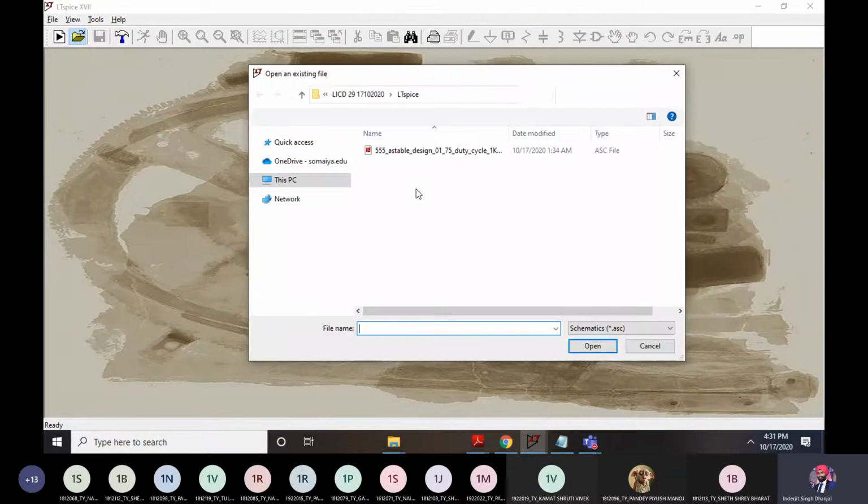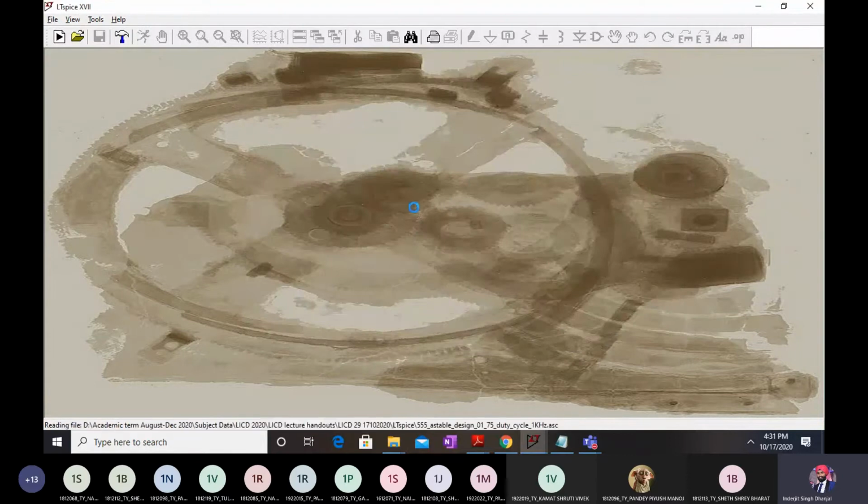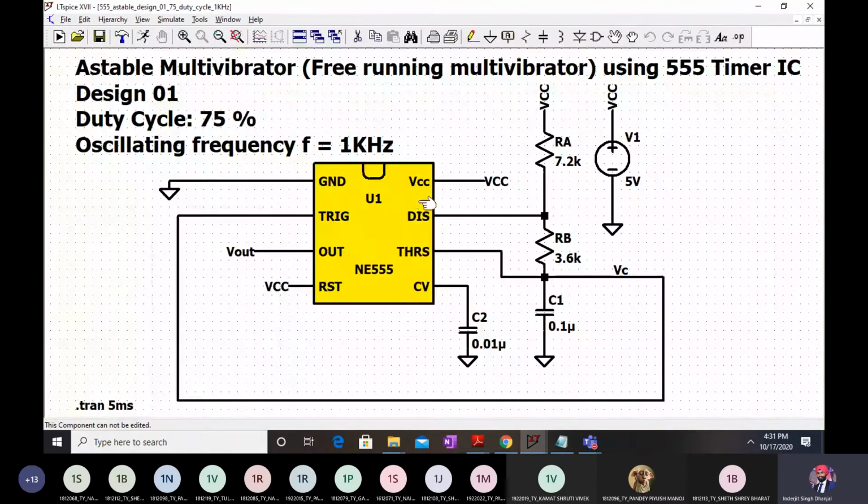That's why it's encouraging to verify everything with LT-Spice in this subject. The 555 timer and the 741 and remaining ICs, whichever are available, you can verify. We have followed a practice that every concept we learn, we verify via LT-Spice.